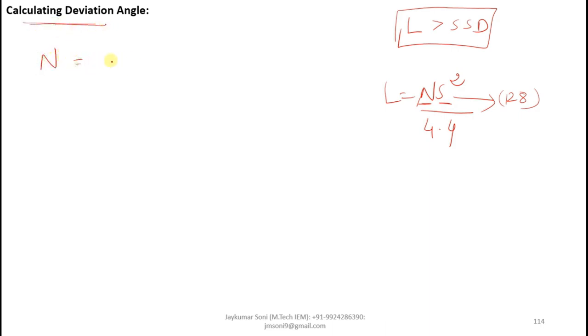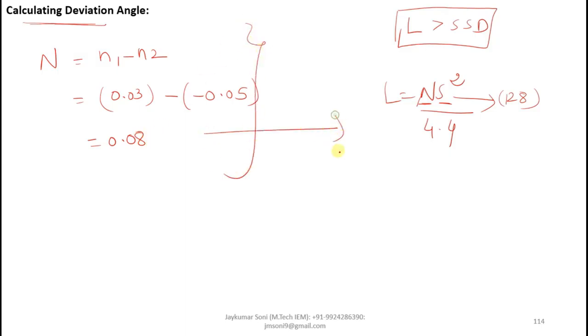N can be calculated with this equation: N1 minus N2. N1 over here is 0.03. This is in percentage form, so we consider it as 0.03 minus 0.05, and since the second value is negative, the final value will be 0.08.